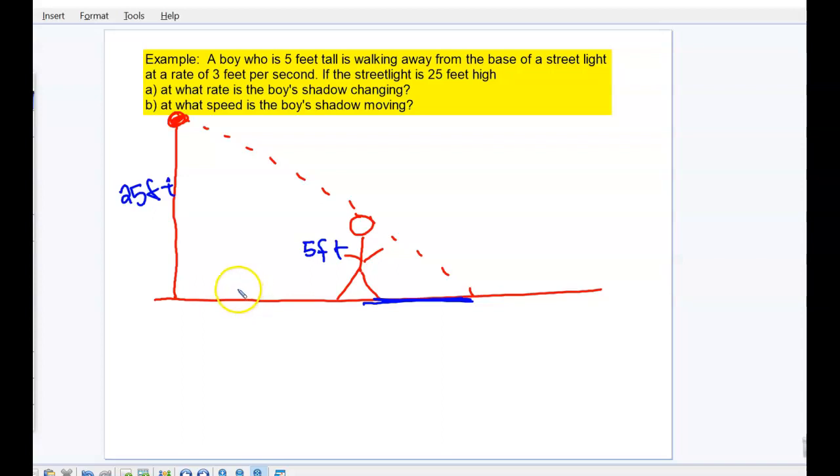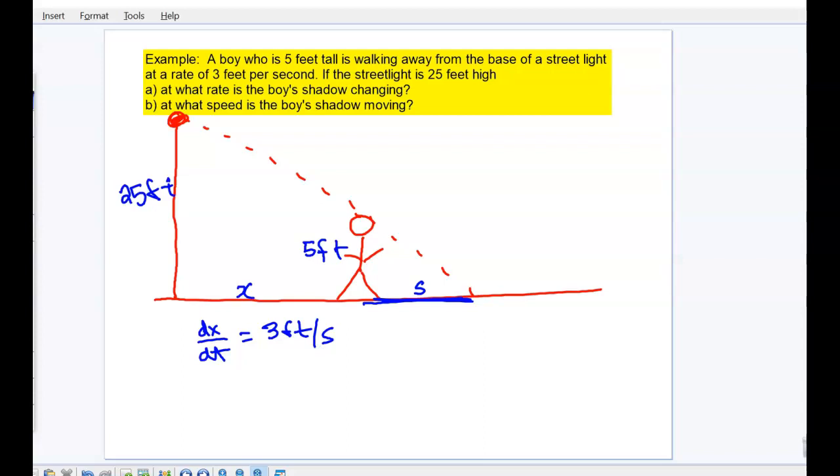So we're going to call the distance between the boy and the light post x, and this is going to be s, which represents the shadow. The rate of change of x, or the rate that he's walking away from the light pole, is 3 feet per second. We're going to use similar triangles to set up an equation.